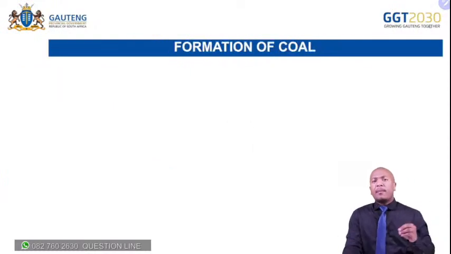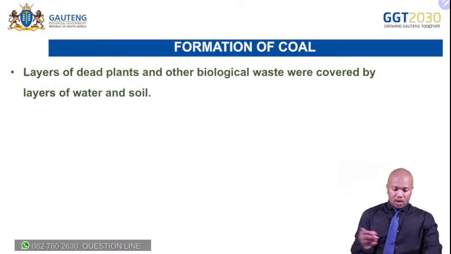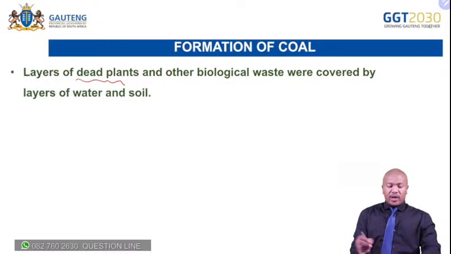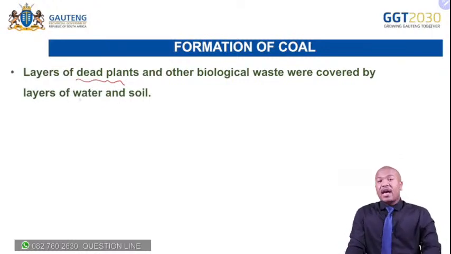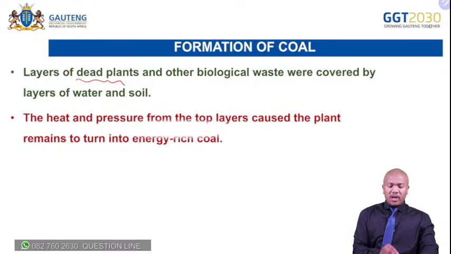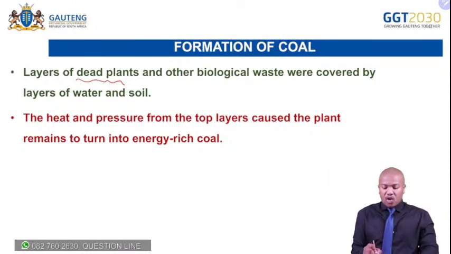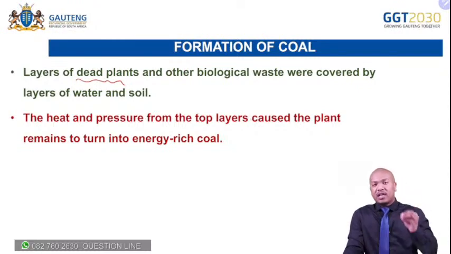Moving on, let's talk about how this coal is formed, the formation of coal. As a result of dead plants and other biological wastes that were covered by layers of water and soil, coal is formed. The heat and pressure from the top layers cause the plant remains to turn into energy-rich coal.